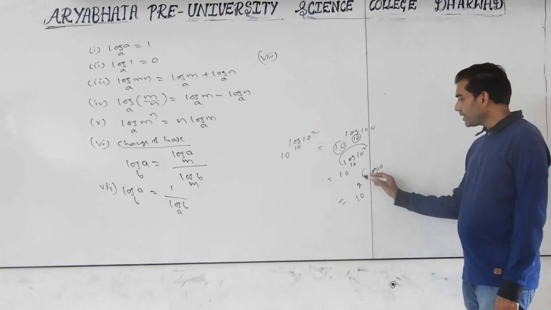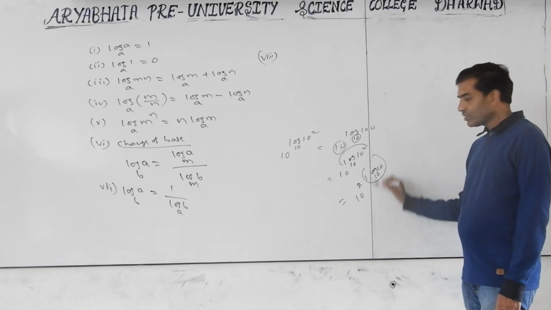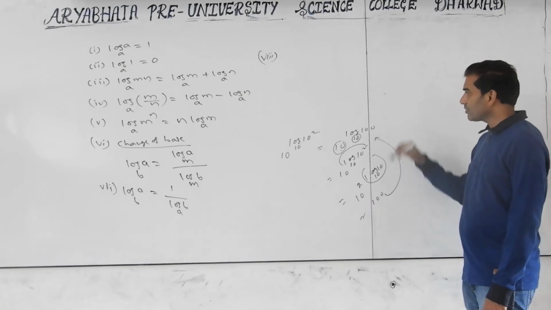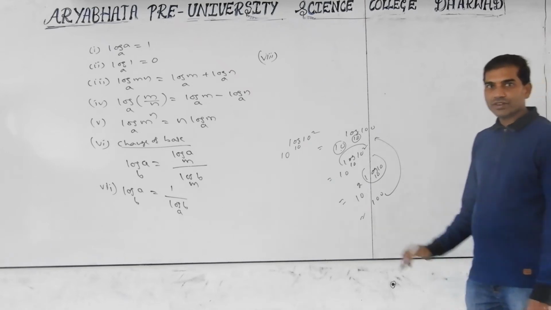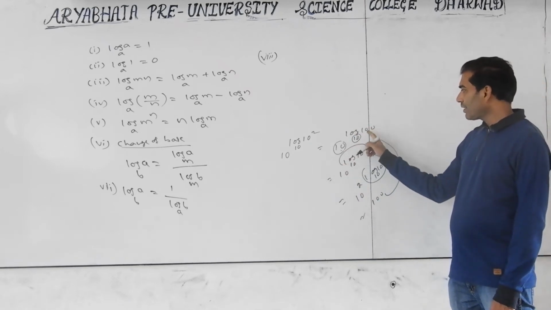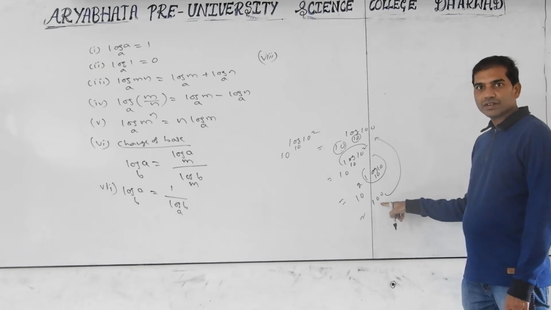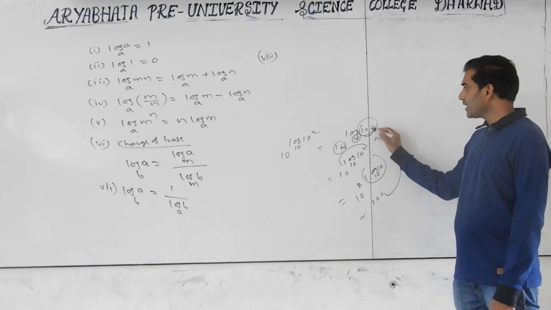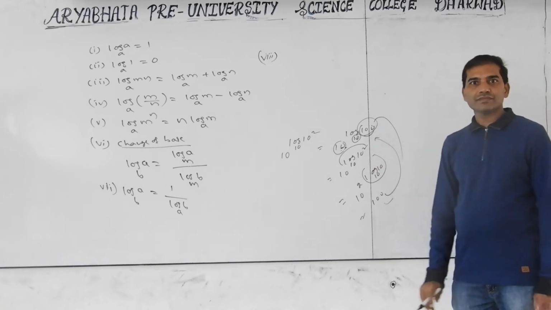So log 10 base 10 is 1. So 10 squared equal to 100. So this is the value. Are you following? 10 power log 100 base 10 equal to 100. So if these two are equal, how much is there here? That is the answer. Okay?